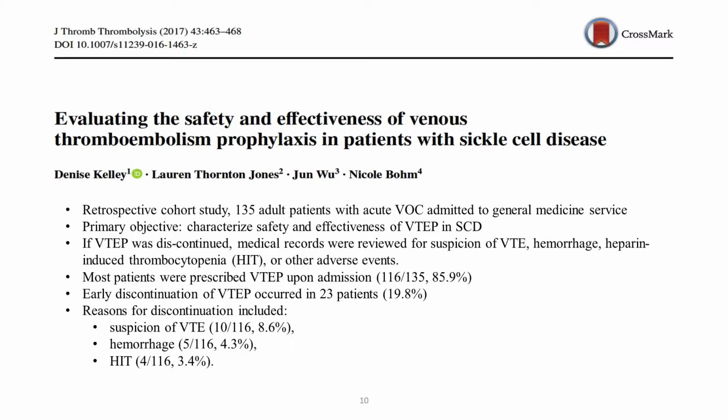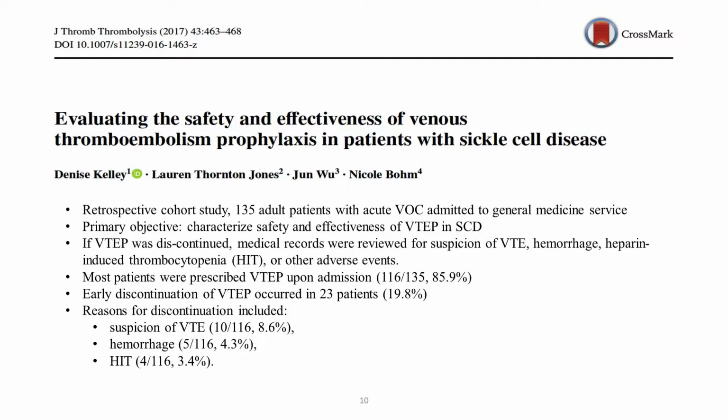What is the data? You can see that the safety and efficacy of thromboembolism prophylaxis is pretty good. It's reasonably safe and it's quite effective. This again is a retrospective study of 135 adults in a single center, where they could show that the majority of patients received venous thromboembolism prophylaxis, about 86%.